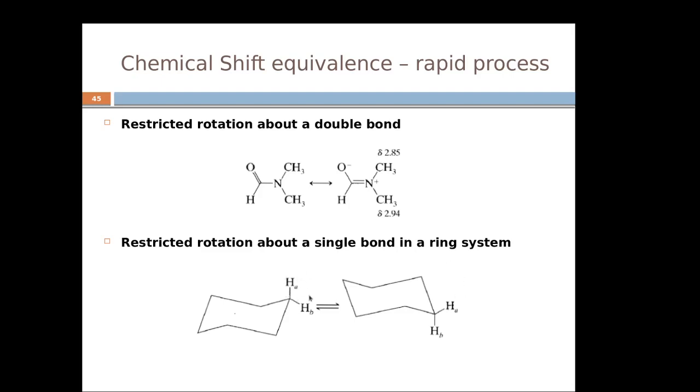Similarly, it cannot see whether proton B is actually equatorial or axial. So this makes the protons chemically equivalent. Rapid interconversion between two positions makes protons A and B chemically equivalent. Both protons will give a peak in the NMR spectrum at exactly the same frequency.